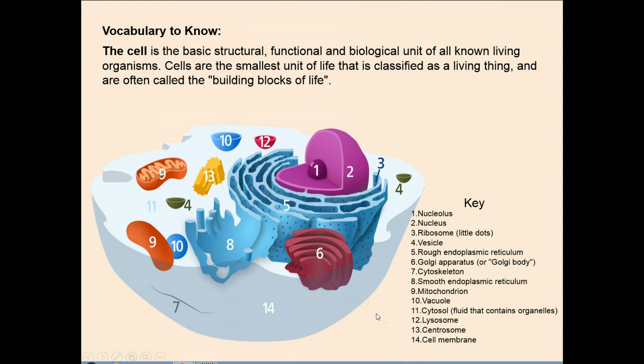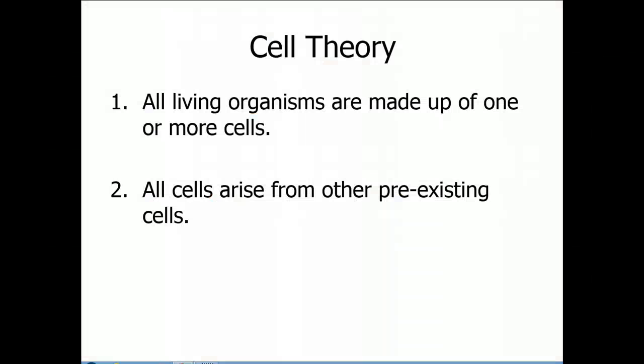These all they can do is contract, but they move things like chromosomes and various other things that have to be moved. And of course, number 14 is the cell membrane. So I think we've gone over at least some of the basic parts that we're going to be using or discussing throughout this presentation.